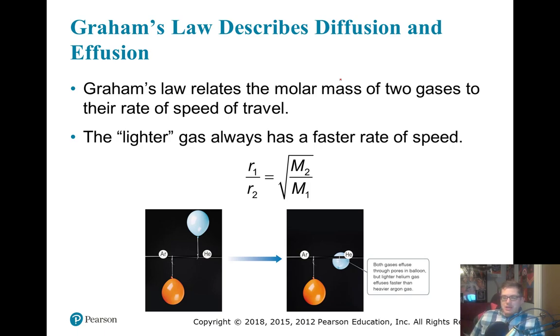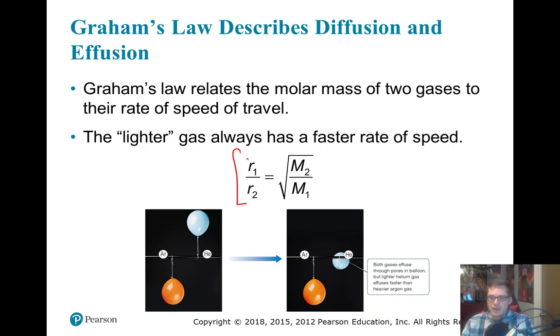Okay, and this makes sense because we just talked about how at a certain temperature, all gases have to have the same kinetic energy because they're all at the same temperature. Okay, and we just said that the heavier they are, the slower they have to go, so their kinetic energy remains the same. We're just playing on that idea a little bit more here, and we're just saying that, well, a lighter gas would have to go faster than a larger gas in order to have the same kinetic energy, and we end up with this interesting ratio here.